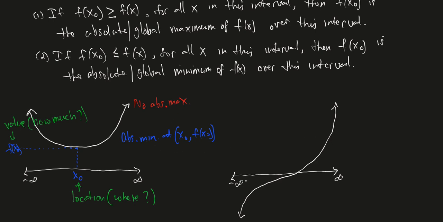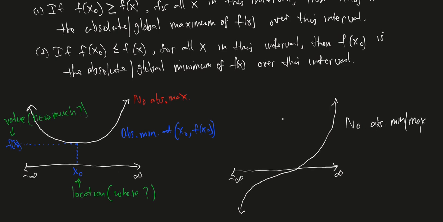So if a graph were to look like this over the entire real line, or even a portion of the real line, it doesn't even have to be the entire real line, well, what we would say is this function has no absolute minimum nor maximum, right?